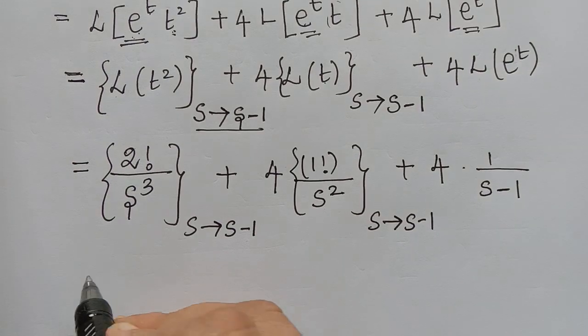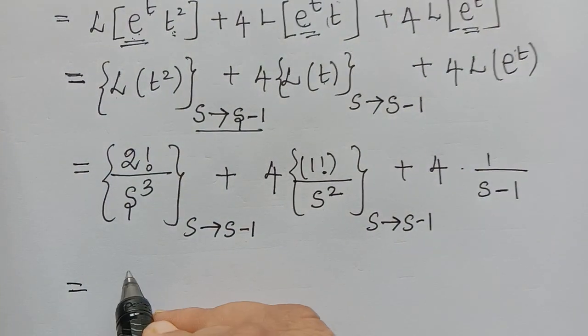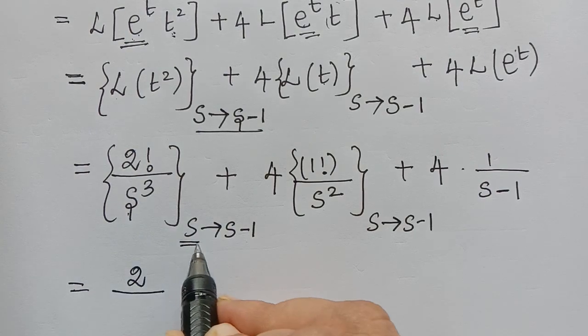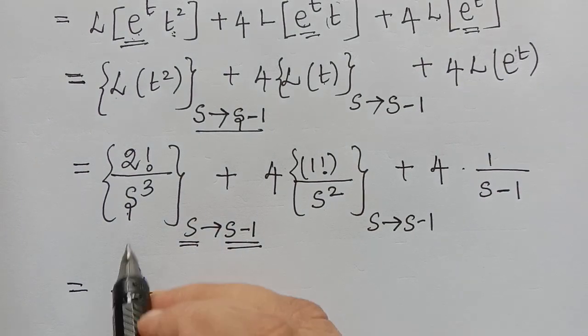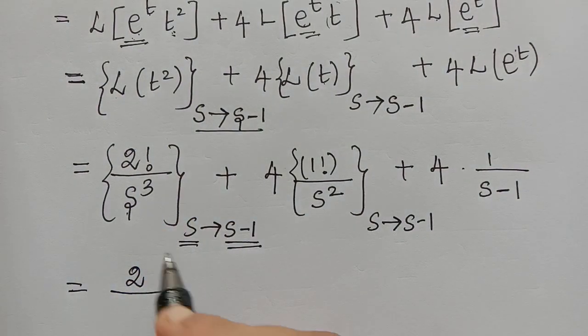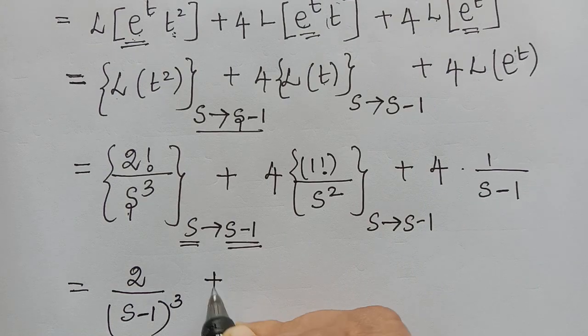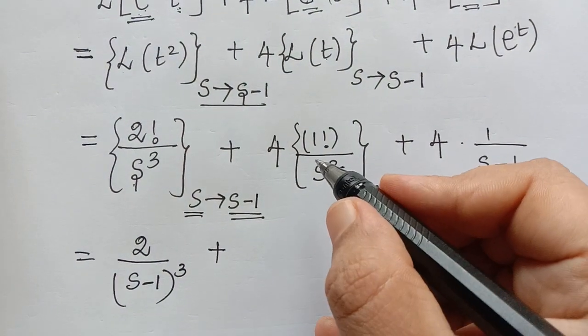So now we shall apply this, that is 2 factorial is 2 divided by, instead of s we have to replace it by s minus 1. So after replacing, you can remove the flower brackets. So it will be (s minus 1) the whole cube, plus 4 multiplied with 1 factorial, which is 1 only.